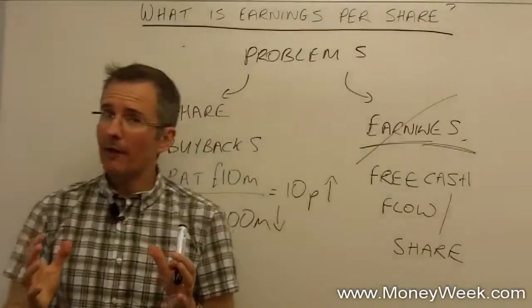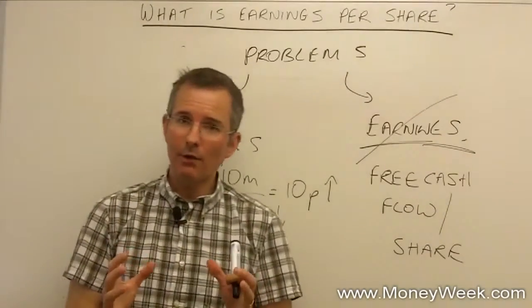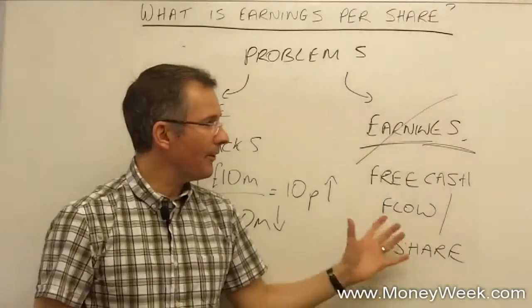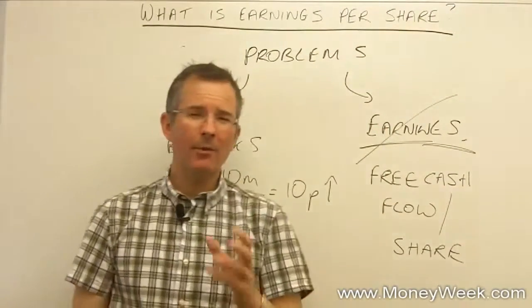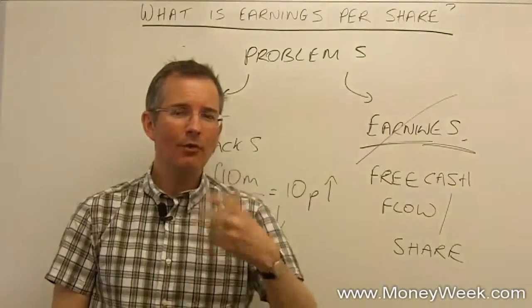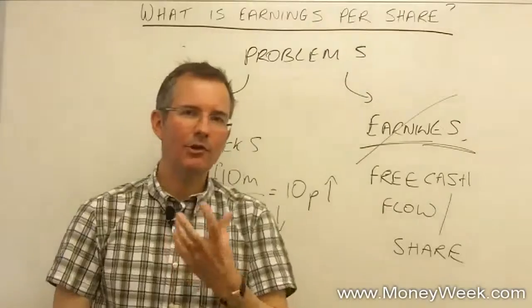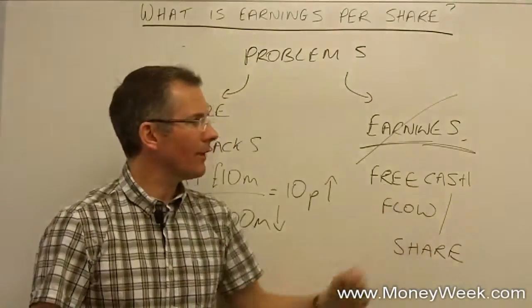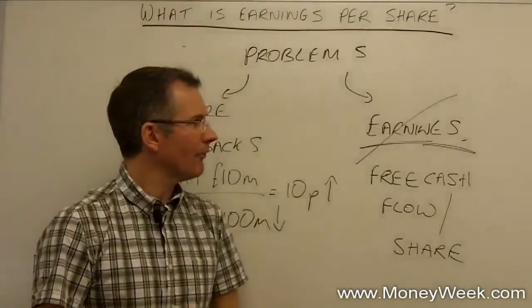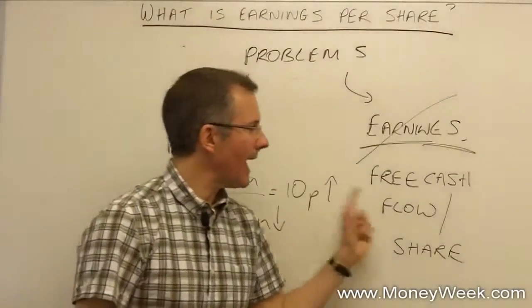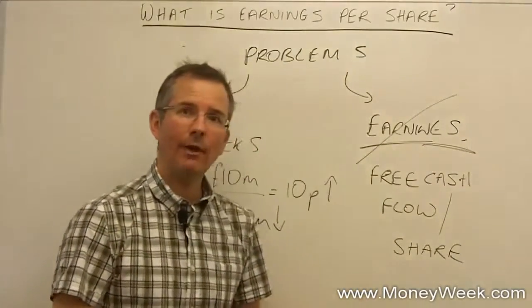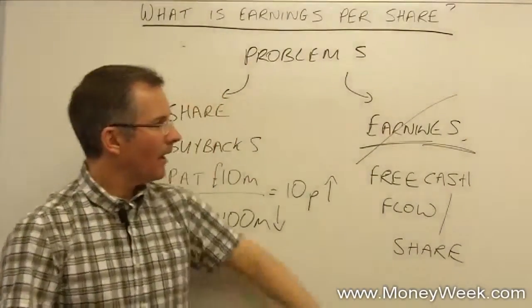Basically, some investors, and I have some sympathy, this is quite a useful number, will switch their attention from earnings per share, saying, well, the earnings figure is really too flawed, it's based on a lot of accounting judgments, whereas cash flow is a little bit harder to manipulate. So rather than EPS, you get FCFS, if you like, free cash flow per share.